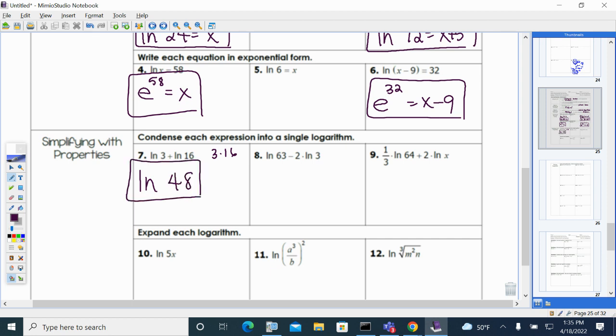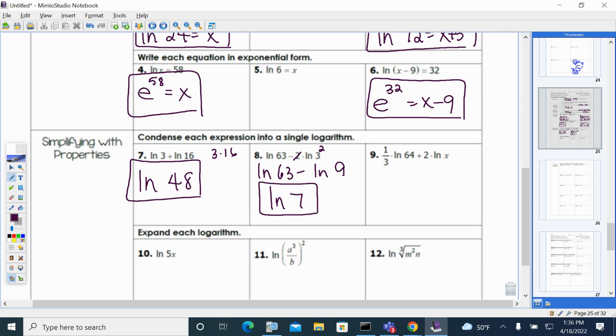On number 8, there's a minus between, which is going to indicate division, but you also have the product, so that's your quotient property. You also have the power rule. So this 2 times the natural log of 3 means the natural log of 3 squared, which is 9. So this is natural log of 63 minus natural log of 9. Now we're going to divide 63 by 9 and get natural log of 7.